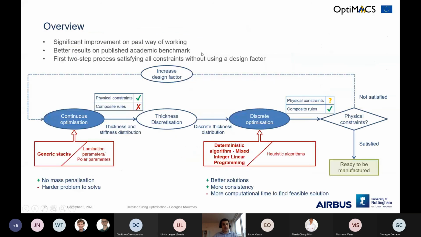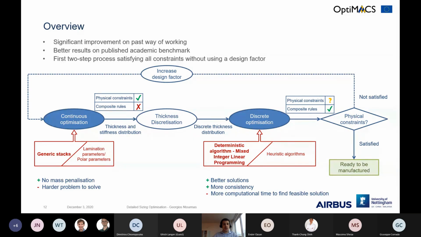To sum everything up, there has been a significant improvement on the past way of working, at least within Airbus, and we have seen lower structural weights for an academic benchmark, which I just showed.